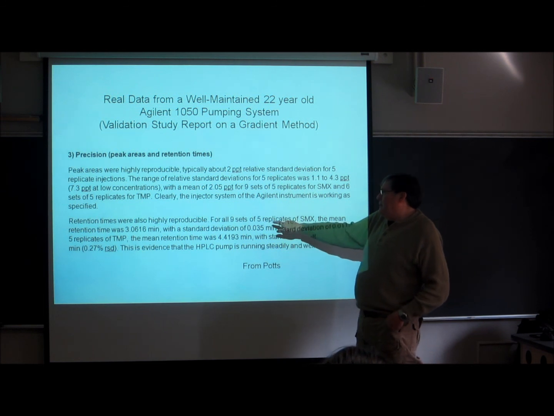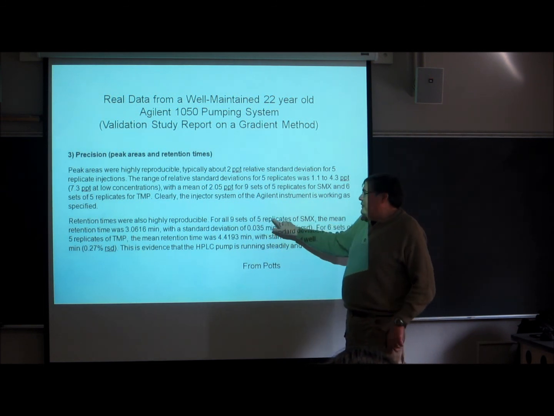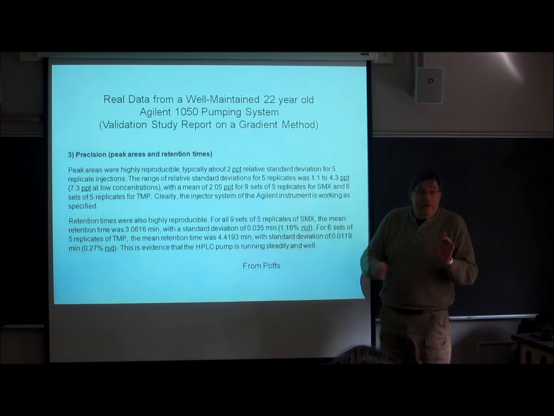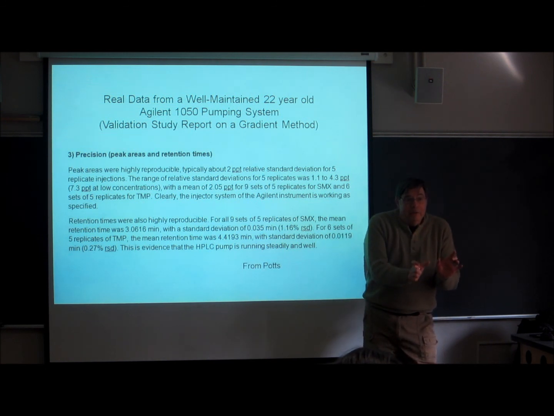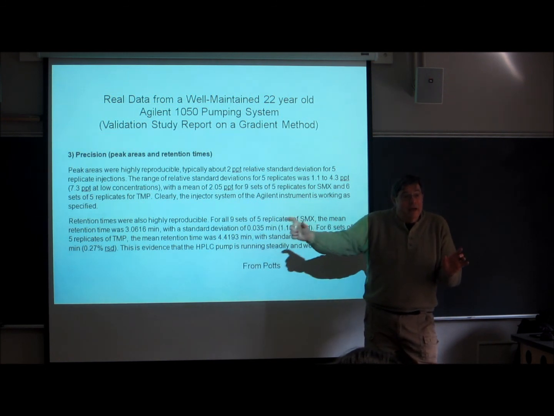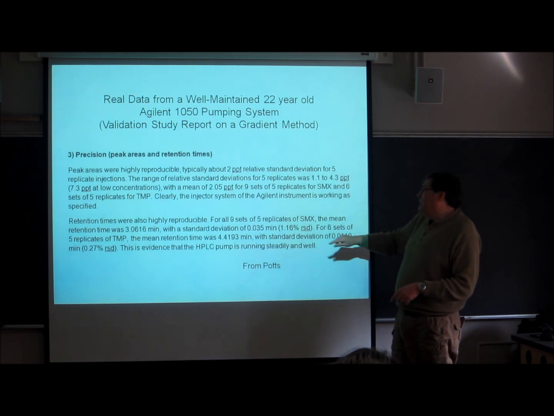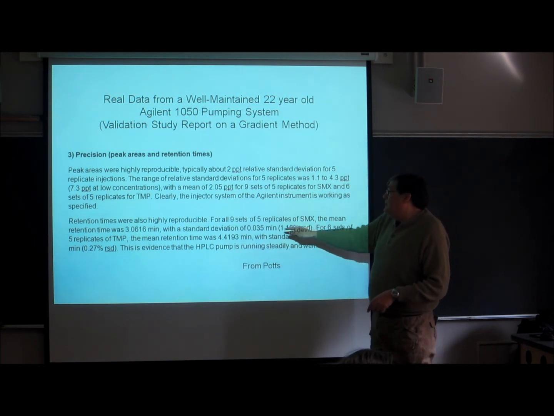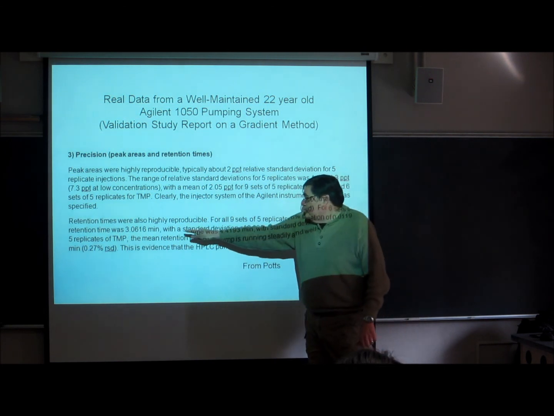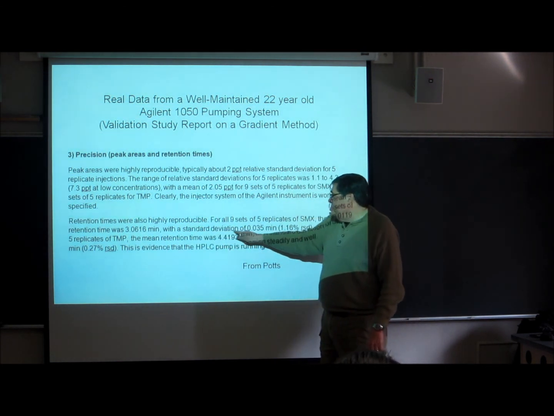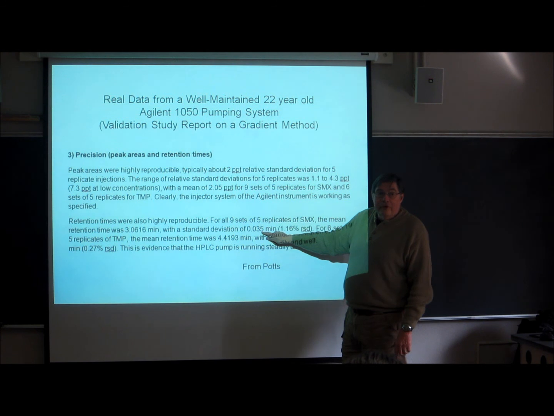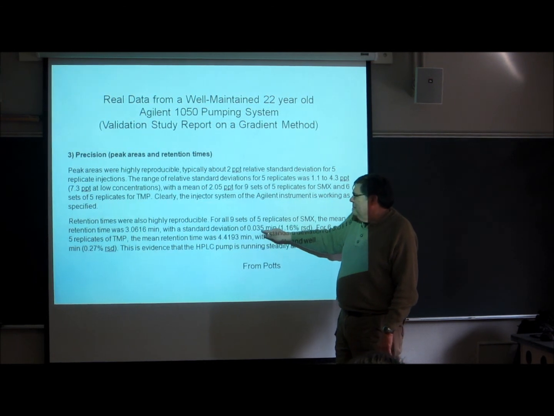Now, this is a little complicated, and I apologize for it. 9 sets of 5 replicates. Okay, so we take 5 replicates of a sample, and we do that 9 times. All right, and we were doing that with making a working curve. The mean retention time was 3.0616 minutes with a standard deviation of 35 milliminutes. That's milliminutes. You never heard that before. It's science. It's good.